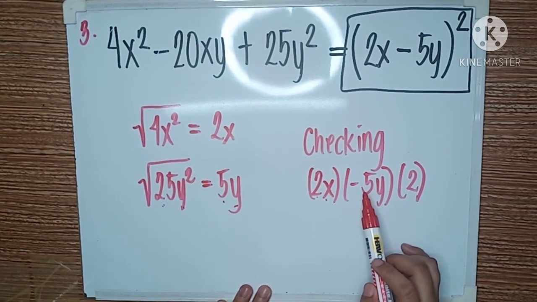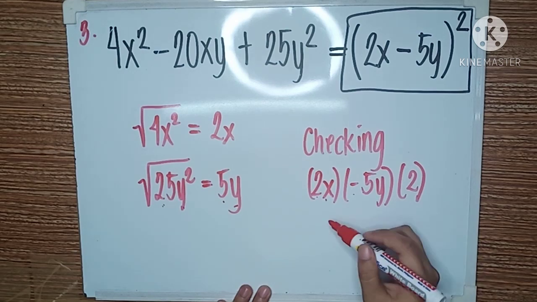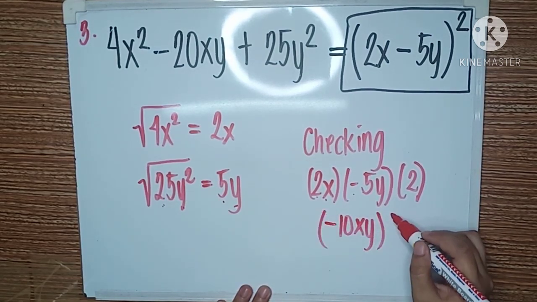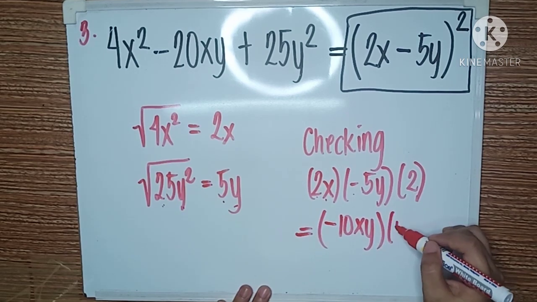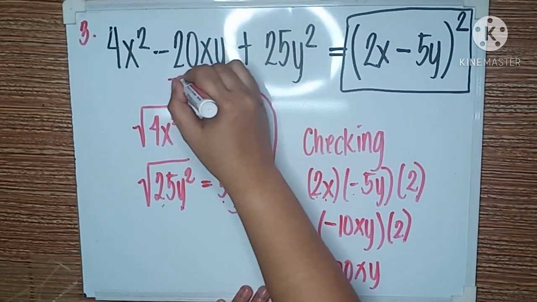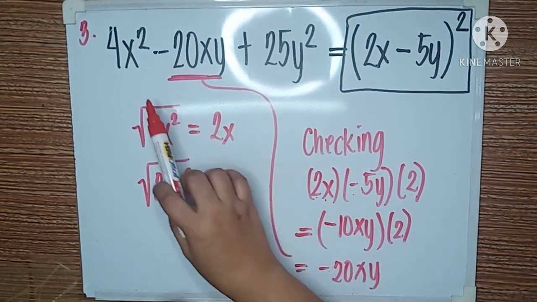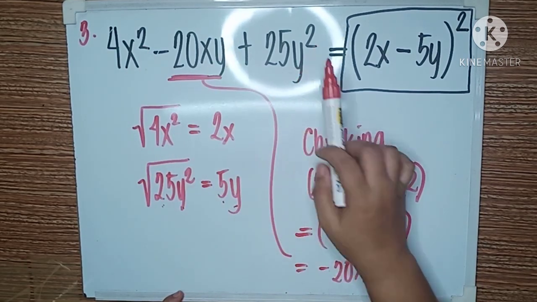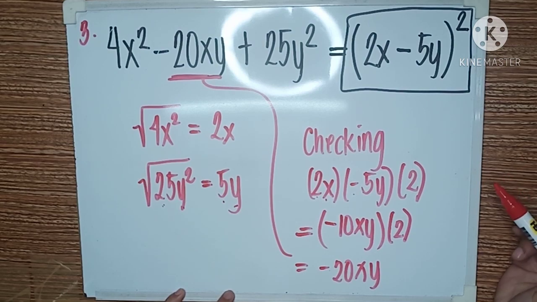And 2x times negative 5y is equal to negative 10xy. I-multiply pa natin yung naiiwan na 2. This is now equal to negative 20xy. Ayun, pareho sa ating middle term. Therefore, tama nga ako na ang 4x squared minus 20xy plus 25y squared is a perfect square trinomial.